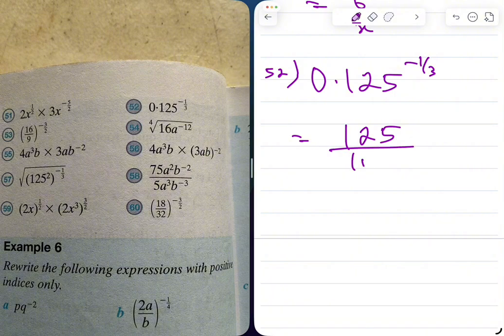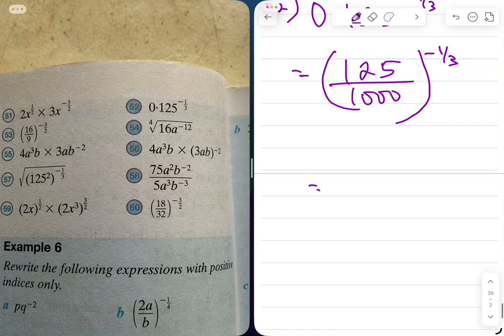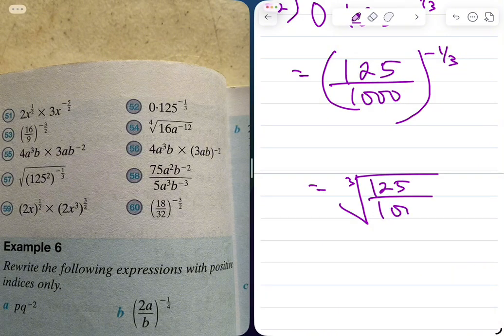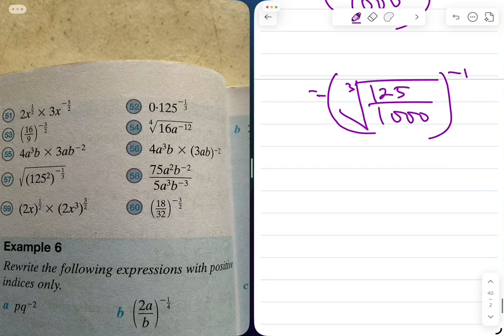That's 125 over 1000 raised to the power minus 1 over 3, which is simply equal to the cube root of 125 over 1000 raised to the power minus 1. And that simply means the cube root of 125 is 5, the cube root of 1000 is 10, raised to the power minus 1.